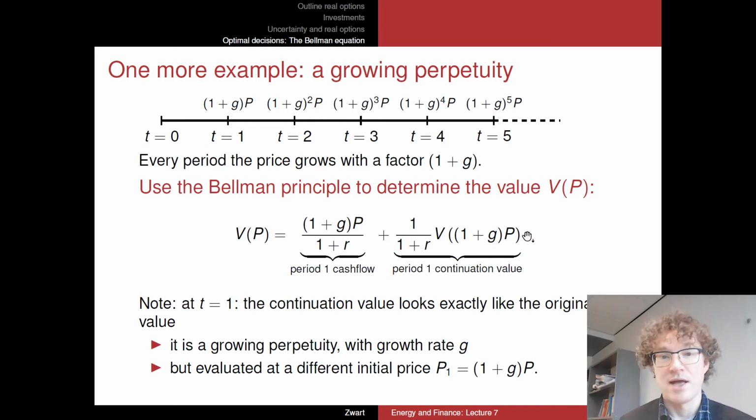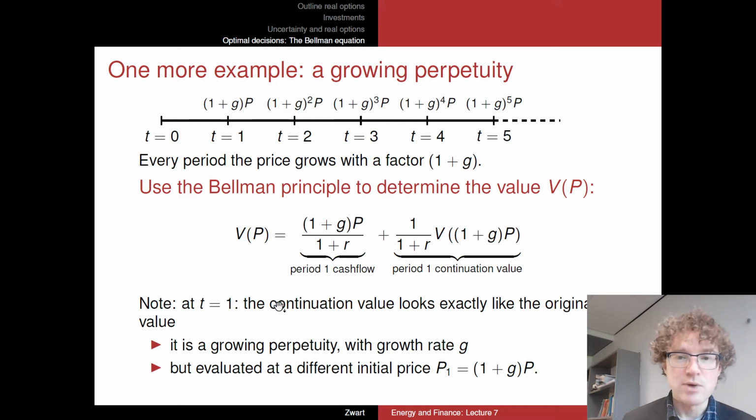Again, this is a growing perpetuity. From the point of view of t equals 1, we still have a growing stream of cash flows growing at rate g, but we start out at a slightly higher level: not at P, but at P already once increased, so 1 plus g times P.